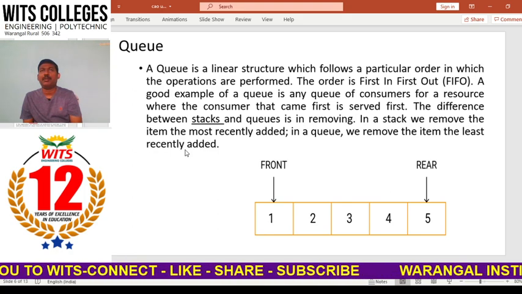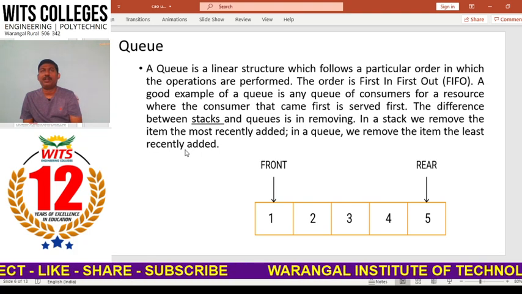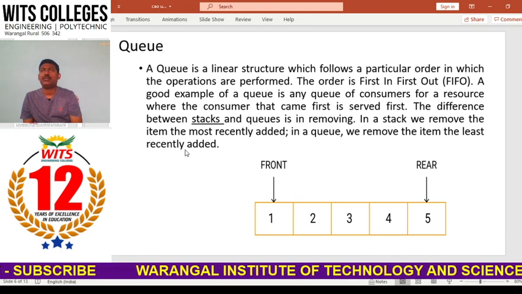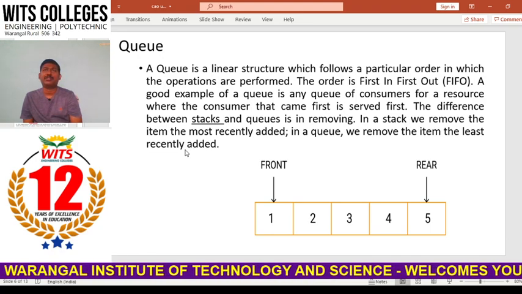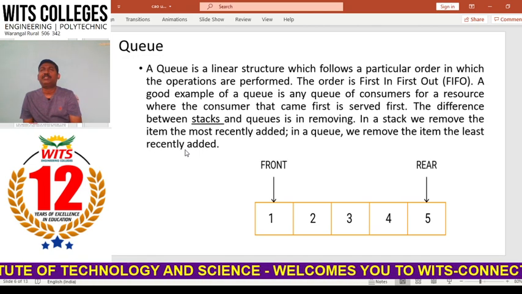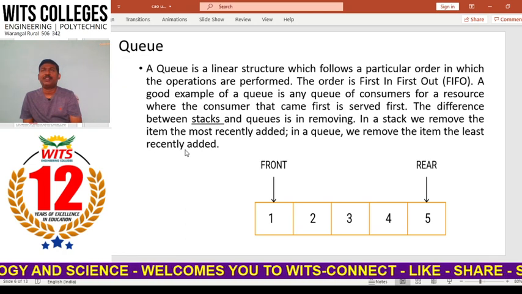A good example of a queue is a queue of customers; the customers who come first will be served first. So whether it may be a cinema theater, ticket reservation, airport counter, or whatever counter it may be, first come will be served first. So this is the concept FIFO, first in first out.